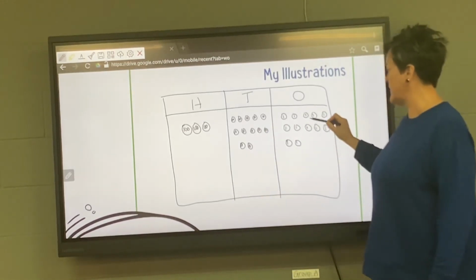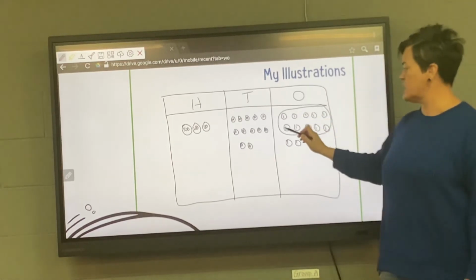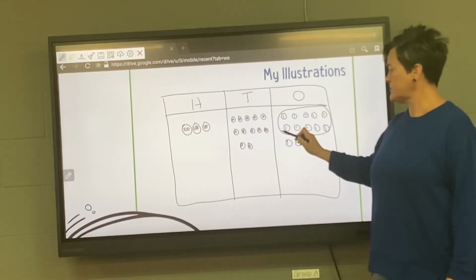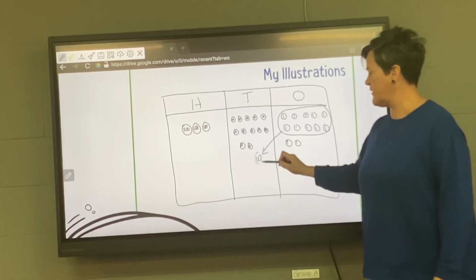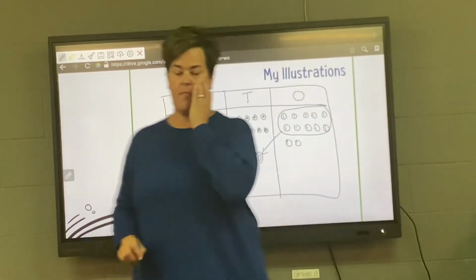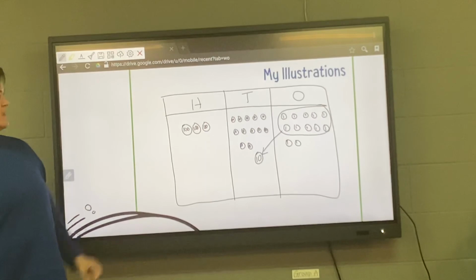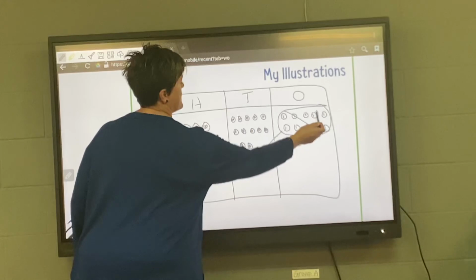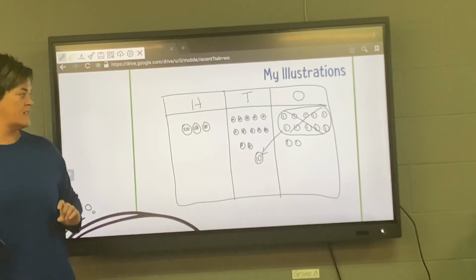1, 2, 3, 4, 5, 6, 7, 8, 9, 10. And where are we moving these 10 to? To the tens place. So now I have another 10 here, don't I? Are they still in the ones place anymore? No. I've moved them to the tens place. Can we cross them out? If you need to, so that you can visualize it better, cross that out saying they're not in the ones anymore, it's now in the tens.